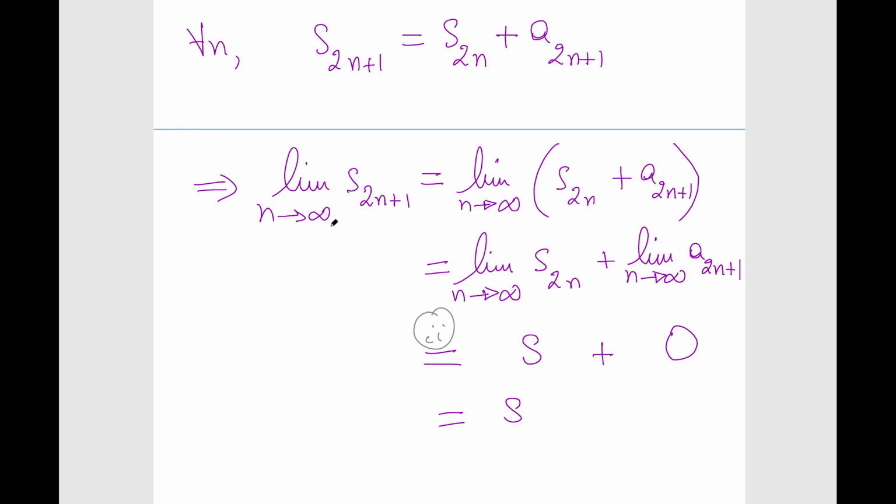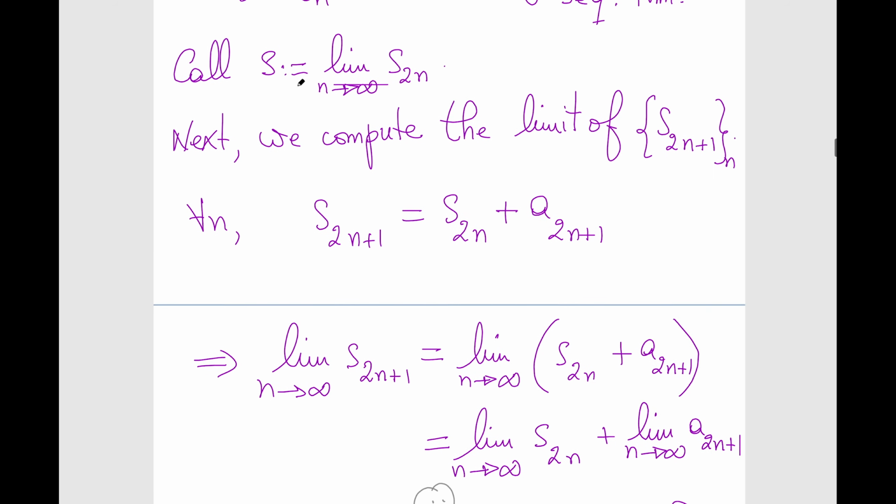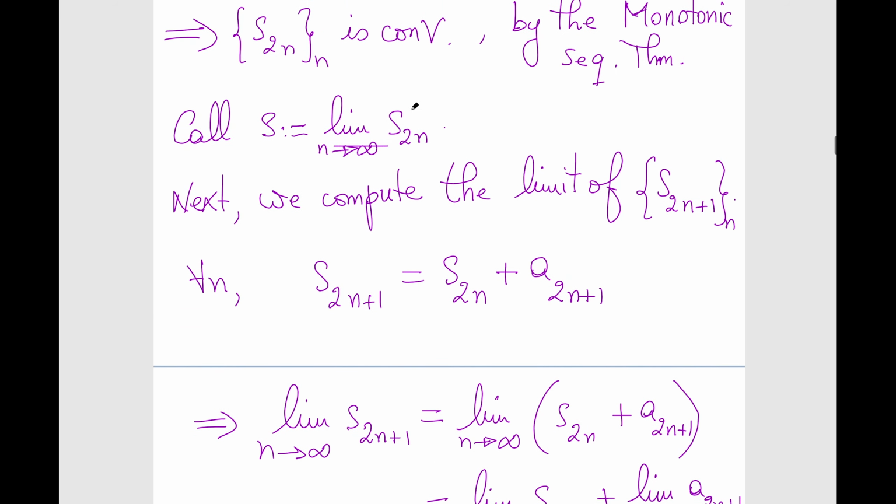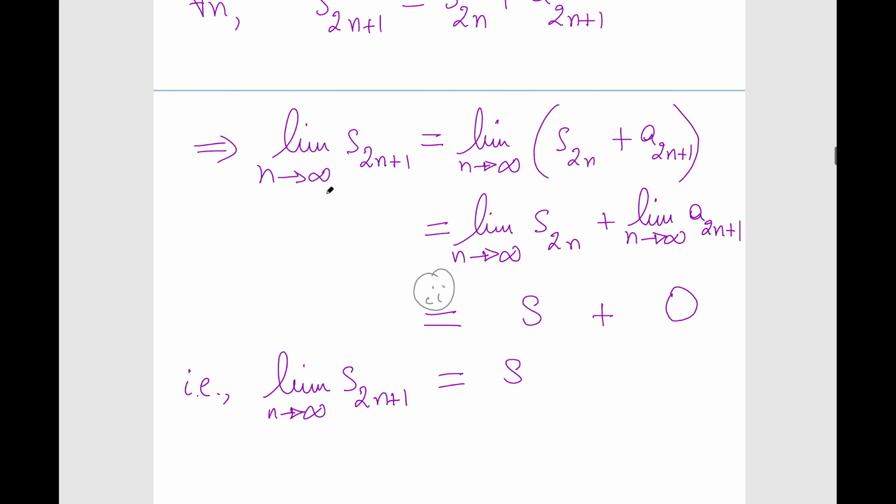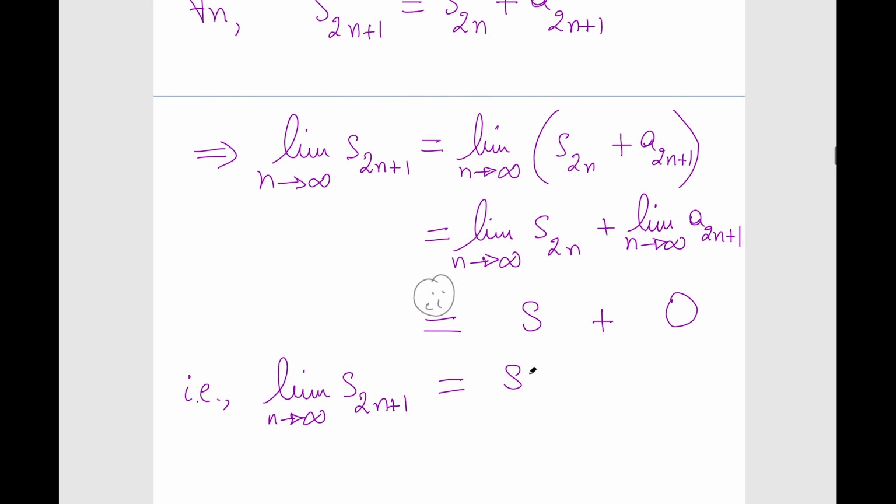We've shown that the limit of the odd partial sums is also S. So the even partial sums go to S, and the odd partial sums also go to S.